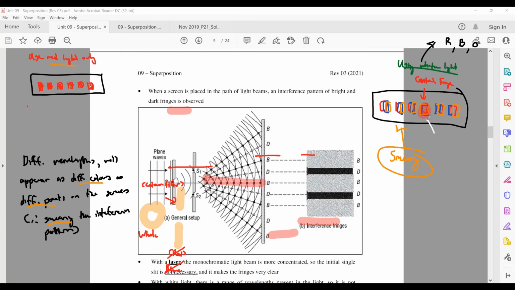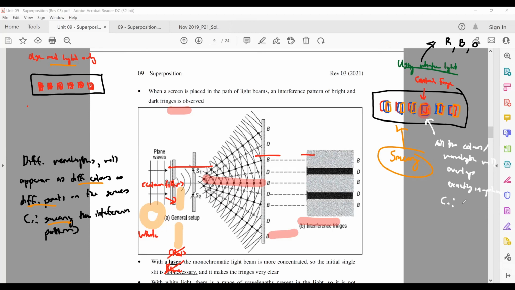All the colors or wavelengths will overlap exactly in phase.